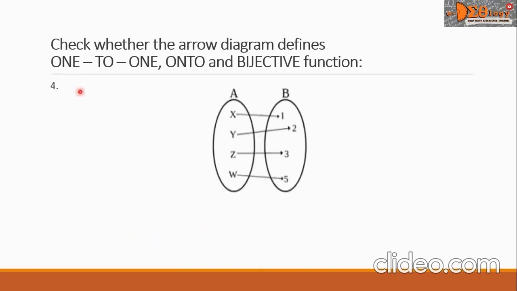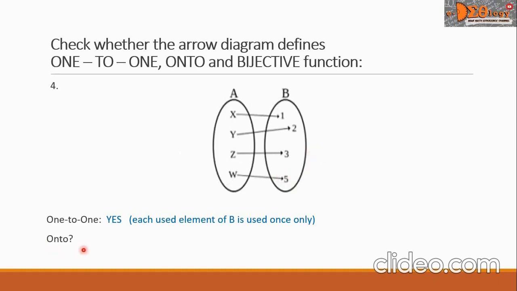Let's have example 4. Look at the figure. Is the function one-to-one? The answer is yes, because each used element in group B is used once only. Next question, is the function onto?